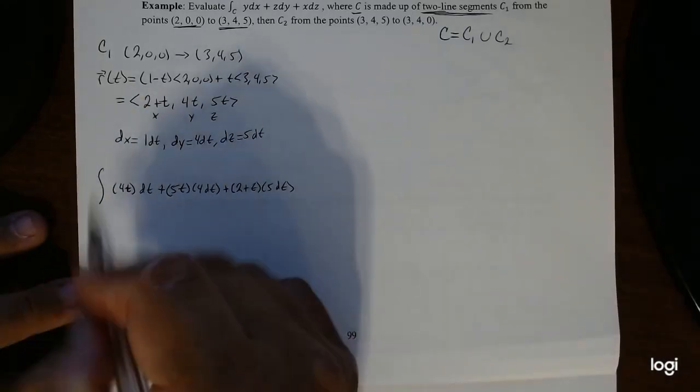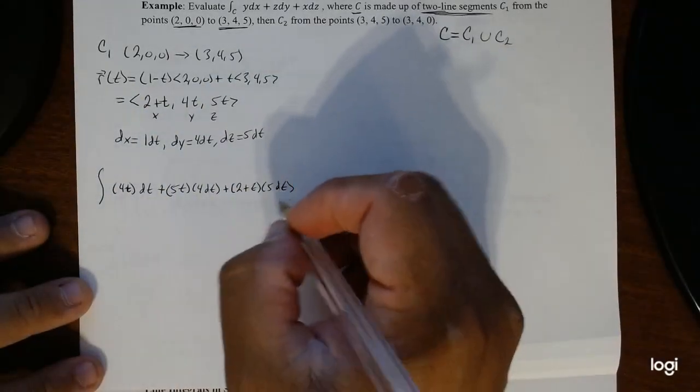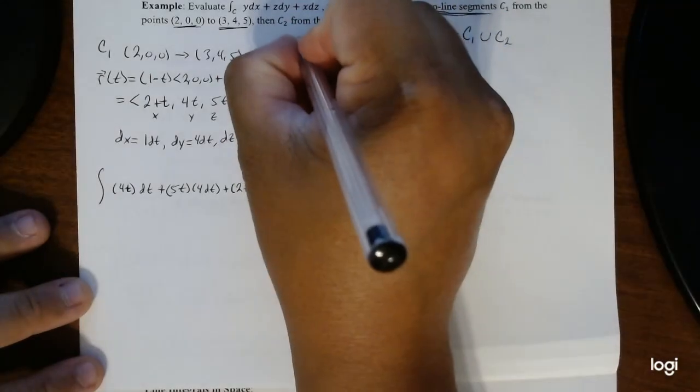Okay. Now we're going to figure out bounds. Now everything is in terms of t. So I know t is going to be from something to something.